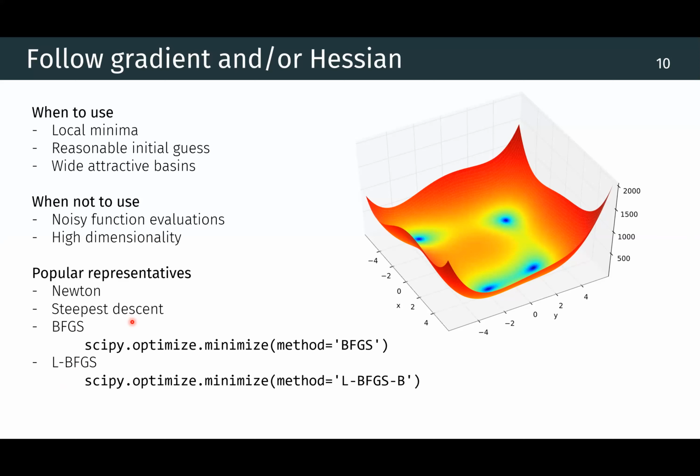And for the bottom two, I gave you the SciPy function that you would need in order to minimize this. We're going to go through the Python part later on, where I show you how to use any of those algorithms as implemented in SciPy. Because to implement any of these algorithms reliably on your own is pretty hard, with the exception of Newton maybe. So the idea is let's use SciPy as long as we can.